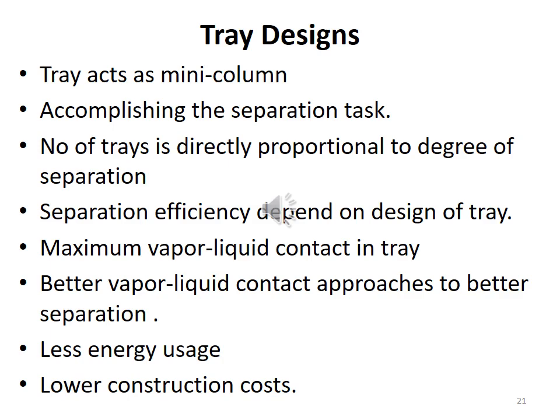Separation efficiency depends on the design of the tray and the maximum vapor liquid contact in the tray. So the maximum interaction between the vapor and liquid will give you better efficiency. Better vapor liquid interaction leads to better separation. So these trays will involve less energy use and lower construction cost.